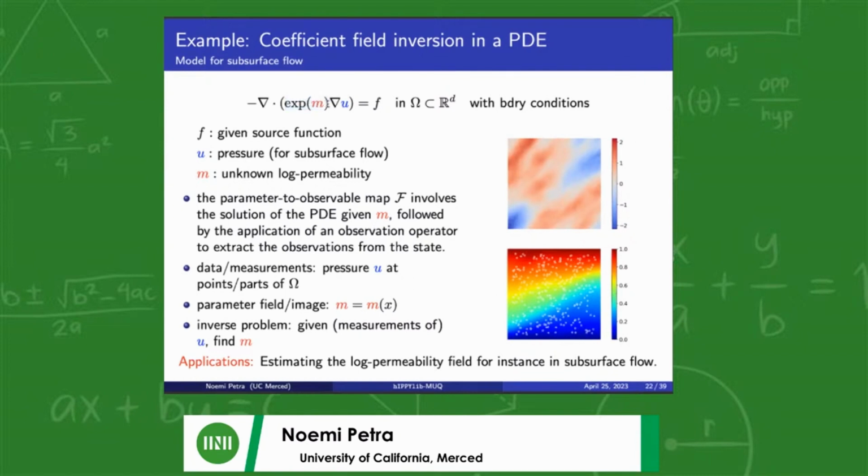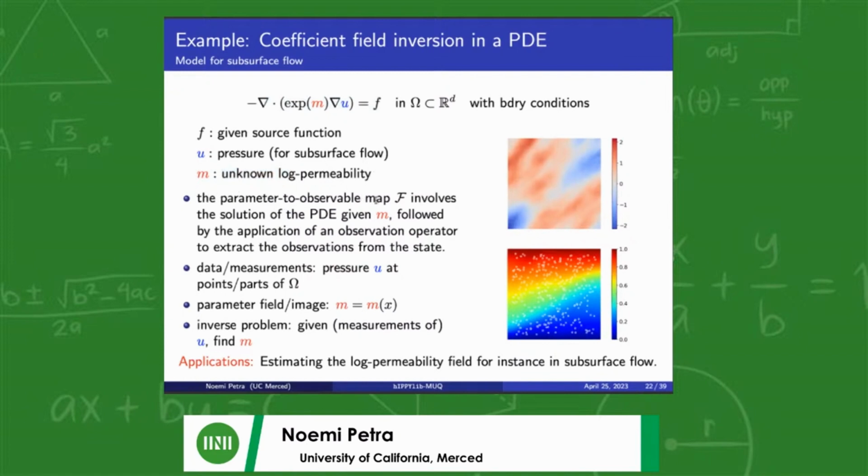We have the exponential just to avoid any type of additional box constraint in the inverse problem. So the right-hand side is a given source. We assume that that's known. This could be interpreted in the context of subsurface flow, for instance, in which case u could be interpreted as pressure, and m could be, for instance, log permeability.